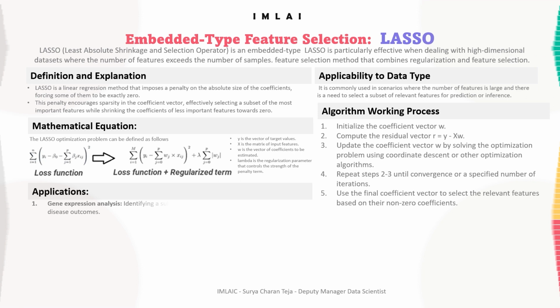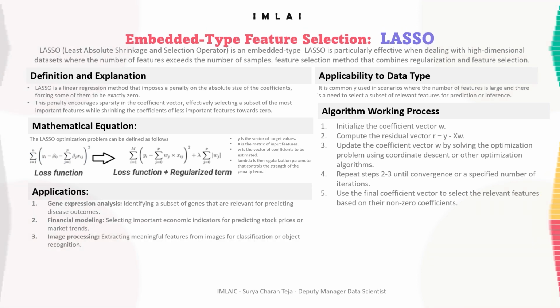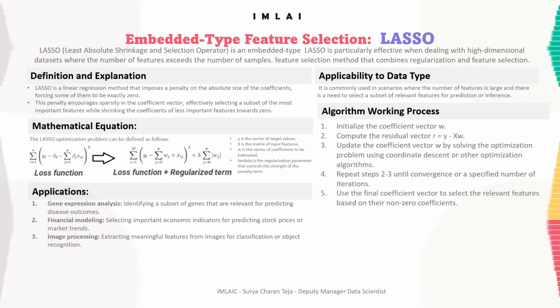Then financial modeling, selecting important economic indicators for predicting stock prices or market trends. Then image processing, extracting meaningful features from images for classification or object recognition. Then natural language processing, feature selection in text analysis tasks such as sentiment analysis or document classification can also be done through this.